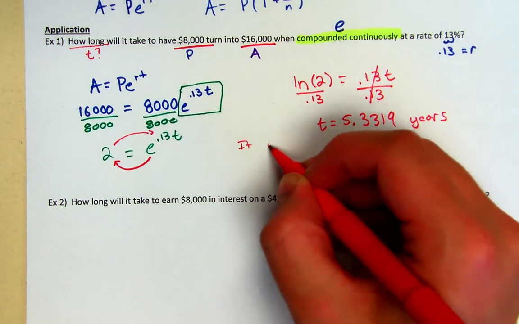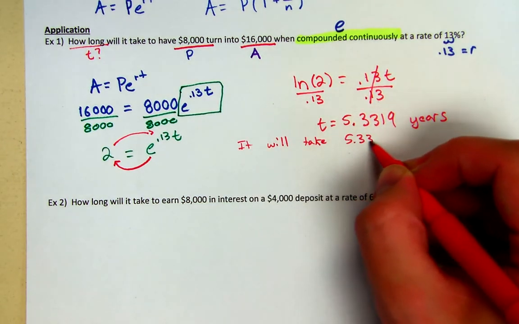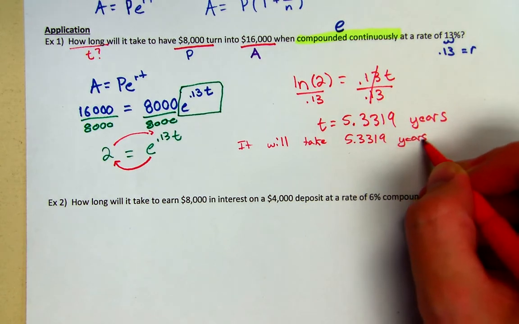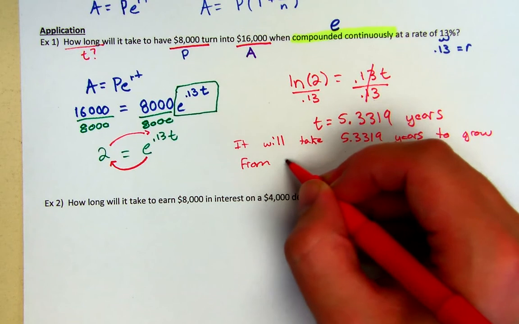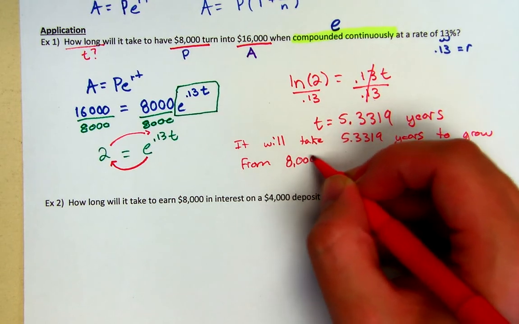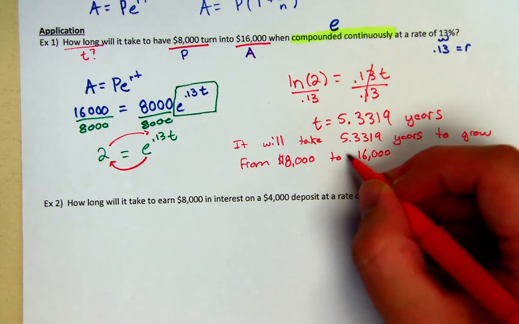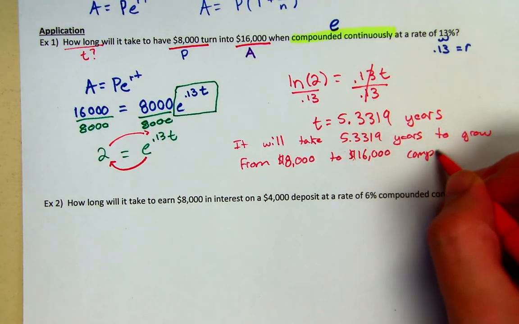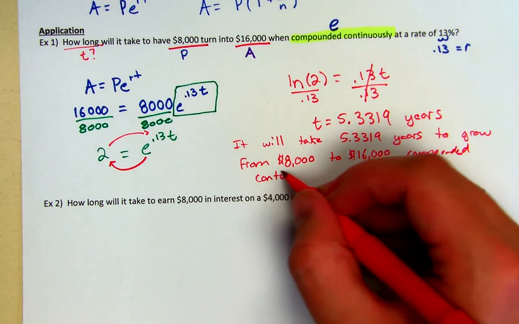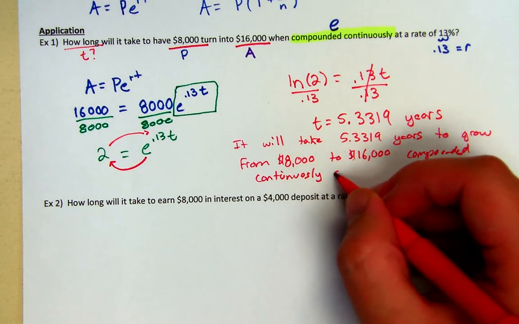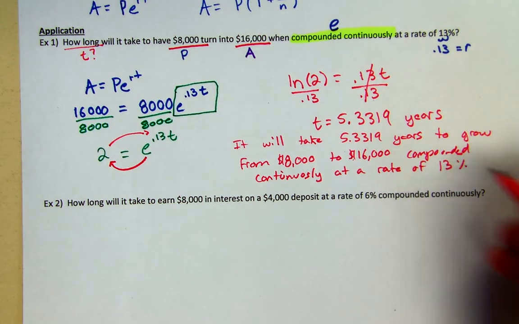So it will take 5.3319 years to grow from $8,000 to $16,000 compounded continuously at a rate of 13%.